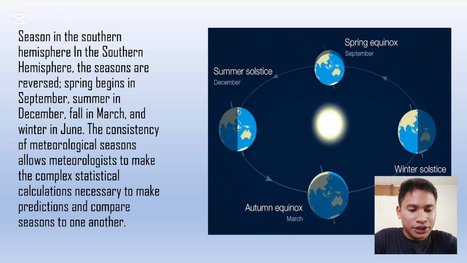So lahi ang month nan iya season sa southern. Spring begins in September, summer in December, fall in March, and winter in June. The consistency of a meteorological season allows meteorologists to make the complex statistical calculation necessary to make a prediction and compare seasons to one another. So ingana ang system isab sa southern hemisphere.